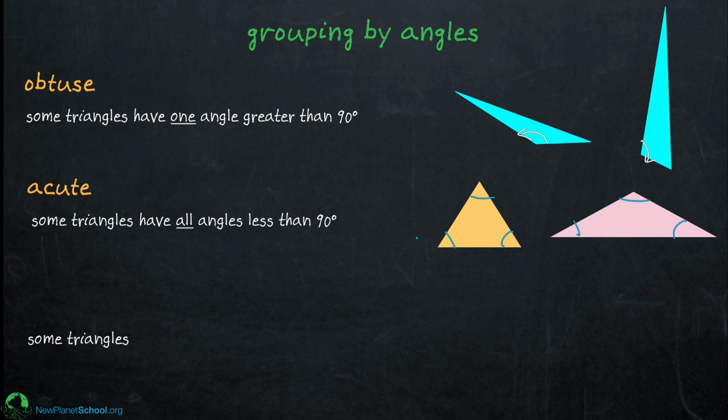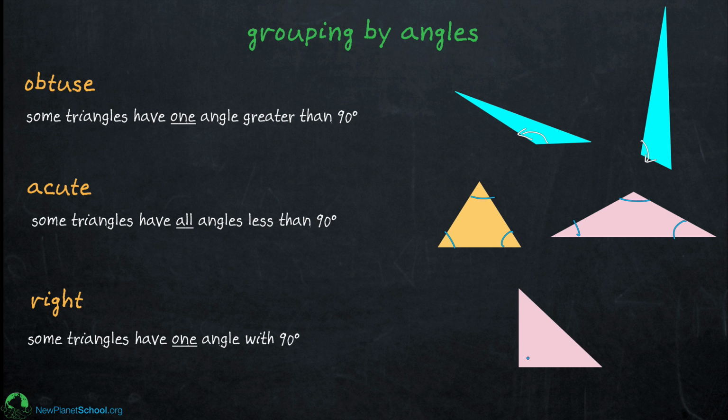Okay. Thirdly, some triangles have one angle with 90 degrees, and those are called right triangles. Not because there are wrong triangles, but because these have what is called in trigonometry a right angle, which uses this notation right here. Now, if you're going to learn any of the triangles on this page, I would recommend very highly you pay a lot of attention to right triangles.